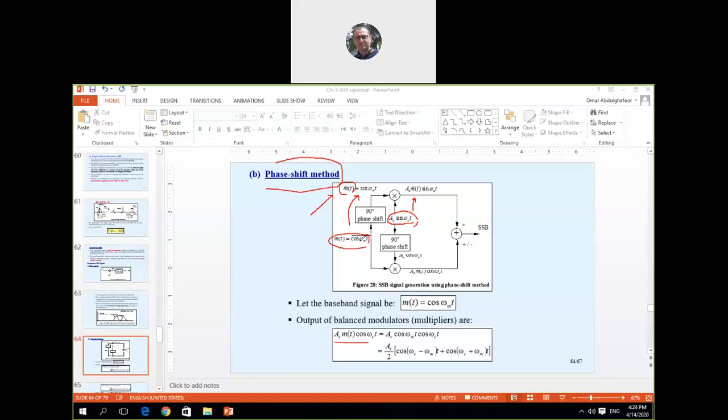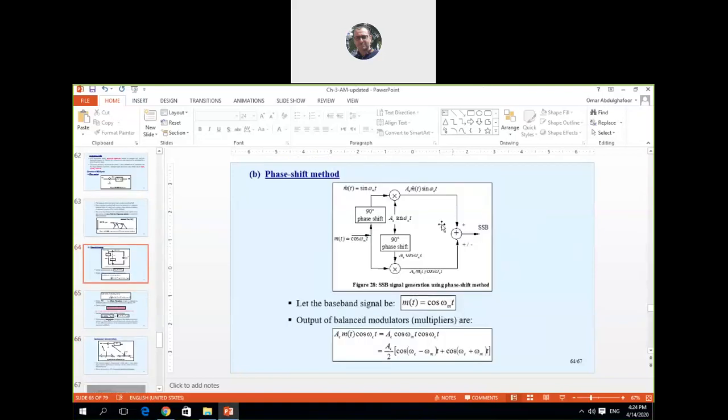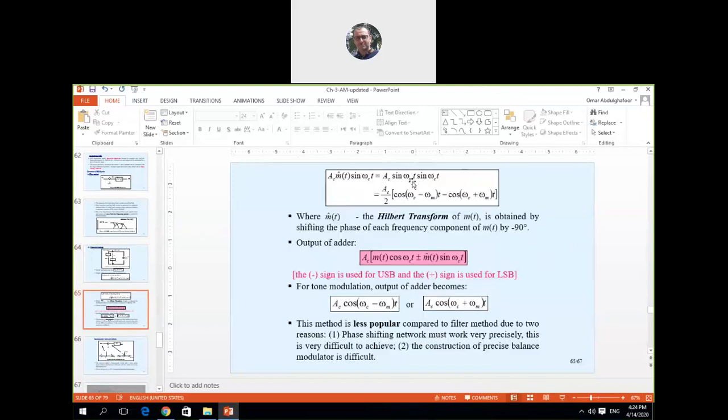We multiply by the carrier, taking the trigonometric relation. In the upper side, we have sine multiplied by sine, and then cosine multiplied by cosine, which gives half cosine minus cosine, plus.